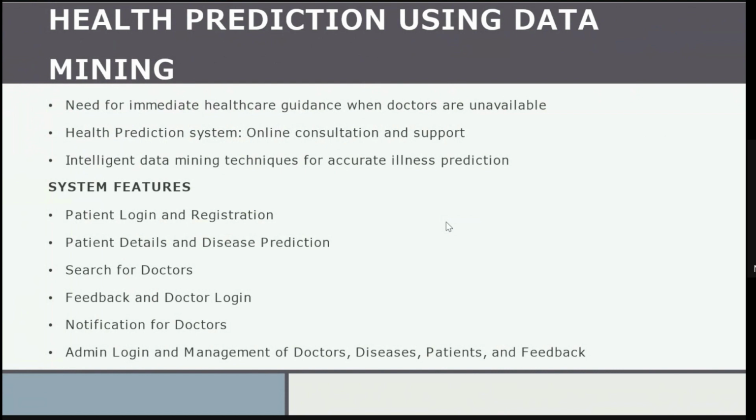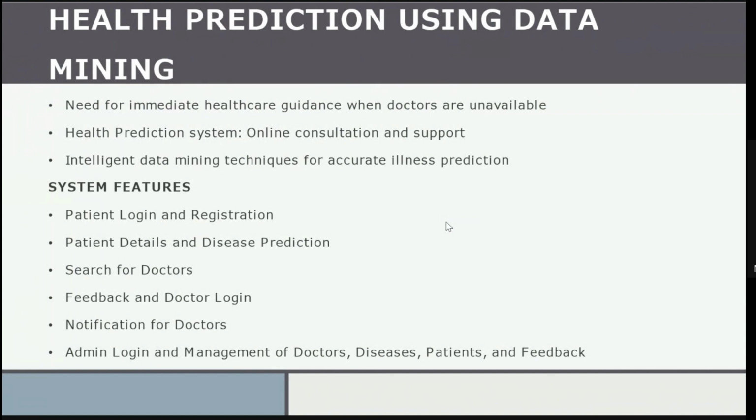So, how do you get guidance when the doctors are not available, especially in the rural areas, especially places where access to healthcare is a tough thing? That's why, with the health prediction system, you may have online consultation and support. We have seen that enormously during the COVID time, the coronavirus pandemic. You had this consultation, and that's why it is important.